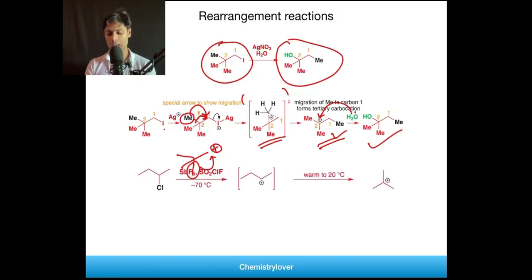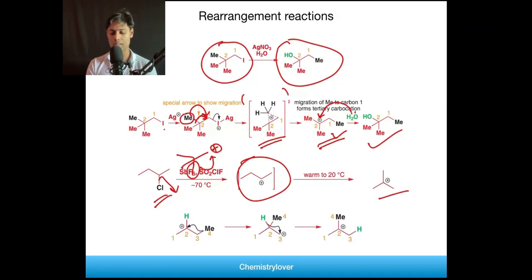Another example of rearrangement would be this. In this case you can see this is chloride, and in the first step you eliminate this chlorine to form this secondary carbocation. Now this secondary carbocation rearranges itself towards this tertiary carbocation, which is much more stable. How does the rearrangement occur? First this methyl group migrates toward this carbocationic center to form this primary center.